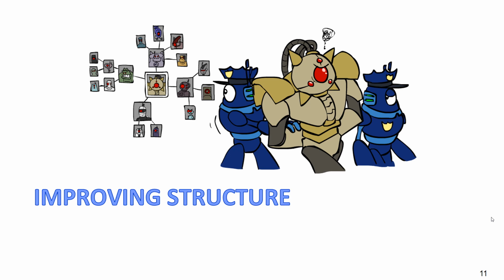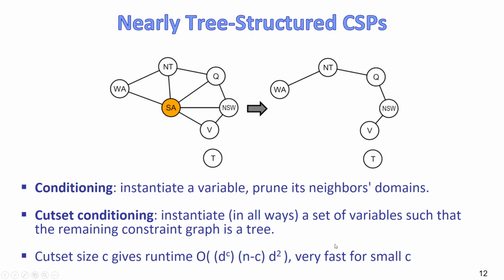Most of the problems will not be tree structured. Does that mean that what we just discussed is rarely used? The answer is also no, and the reason is that we can convert a problem to a tree structured problem. Here is how. We will do what we call conditioning.